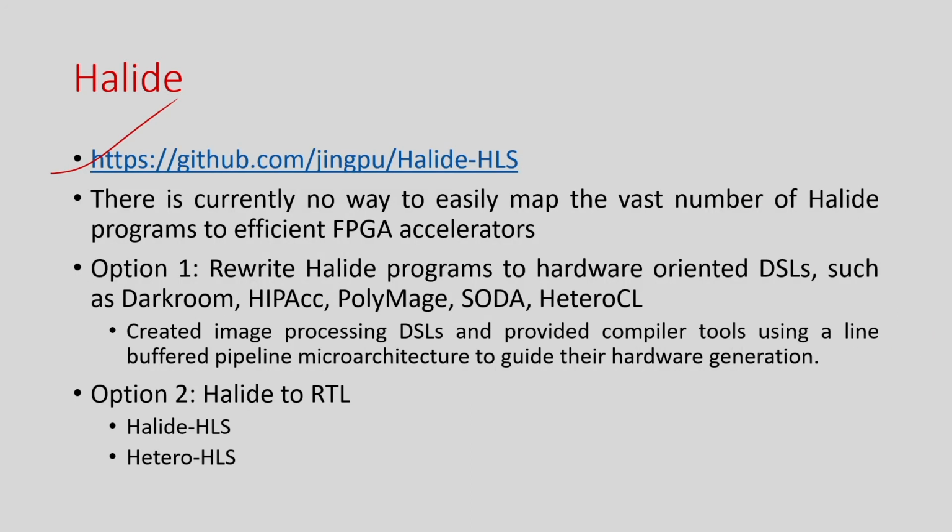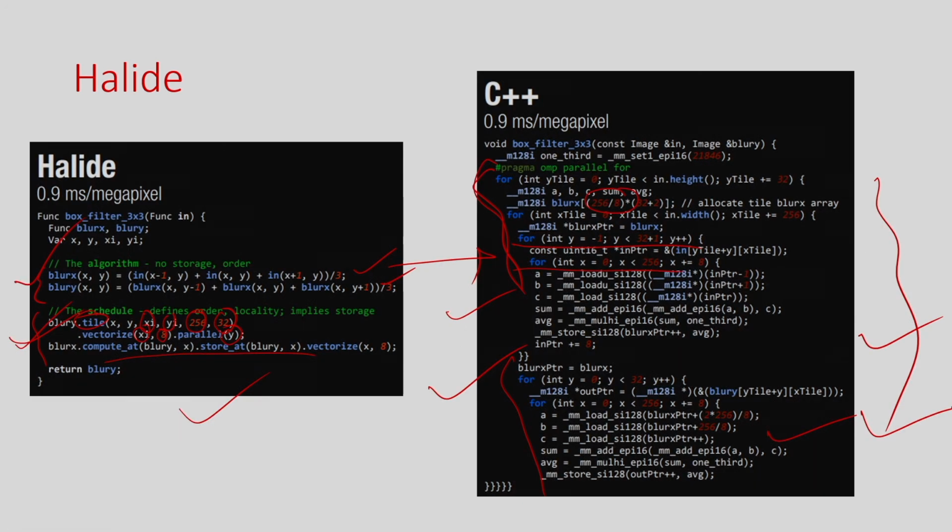One is that you can rewrite this whole Halide program into a domain specific language for hardware, such as Darkroom, SODA and so on. That allows you to represent things in hardware. Or you use high level synthesis to generate hardware, which is very easy, because this is nothing but C or C++ code. So, from there I can use any high level synthesis tool to generate the hardware, right.